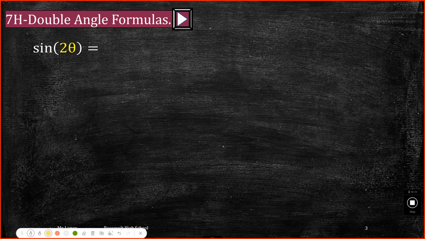What is sine 2 theta equal to? How can we figure this out? Would you agree that this is true? Would you agree that 2x is the same as x plus x? Would you agree on that statement, yes or no? x plus x is 2x, yes?